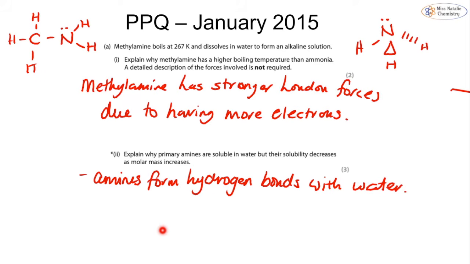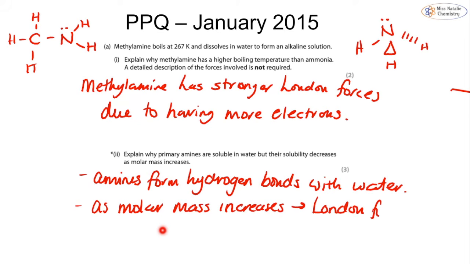We need to understand that it can actually do that. However, as the molar mass increases, our London forces increase. That's due to the fact that we have more electrons because we have more atoms. So the size of your hydrocarbon group is going to cause the London forces to increase. When we get this increase in London forces, it requires more energy.